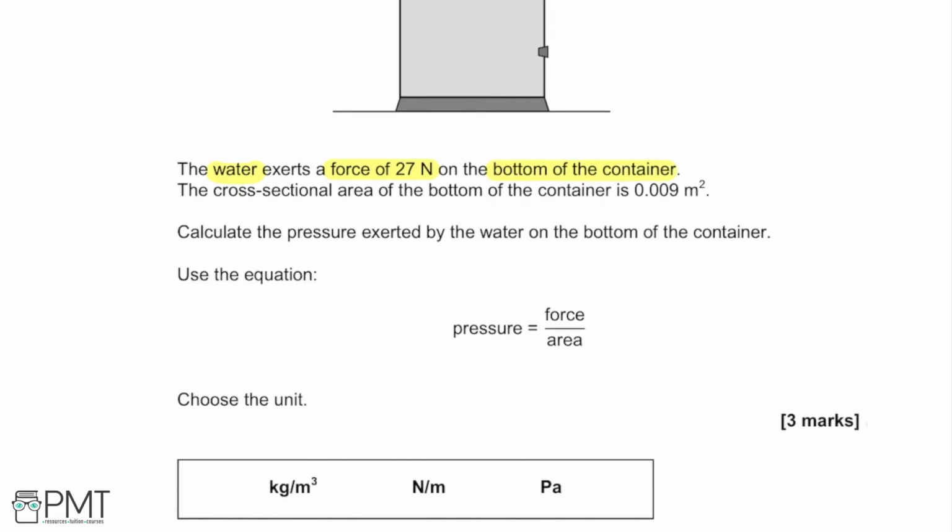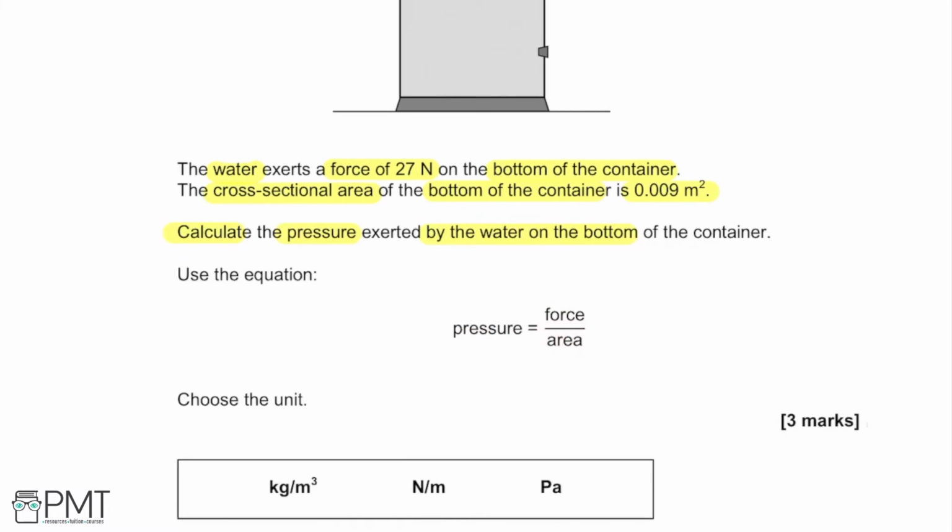So this is a key point where the force has been exerted. We also have that the cross-sectional area of the bottom of the container is 0.009 metres squared. And we're asked to calculate the pressure exerted by the water on the bottom of the container by using the equation below, which is pressure is equal to force divided by area.